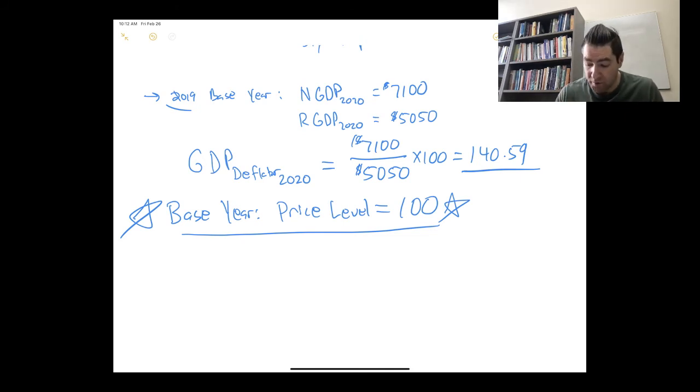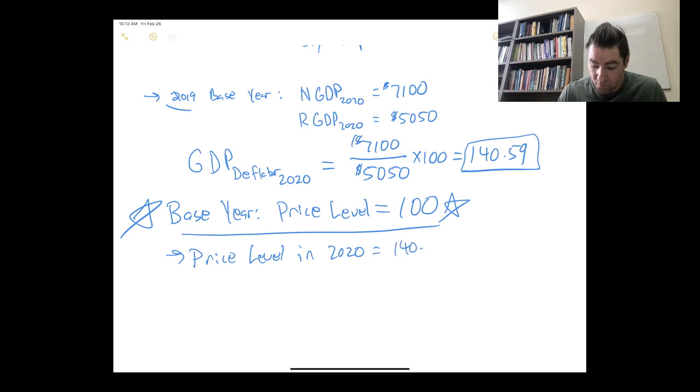So when I see that the price level in 2020 is 140.59, it tells me how much higher prices are on average in 2020 than they were in the base year, 2019.